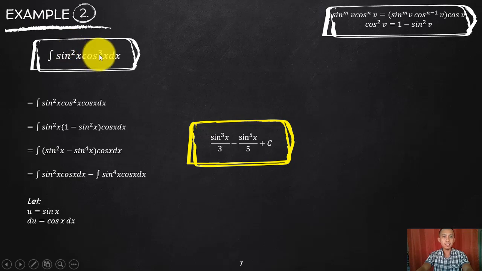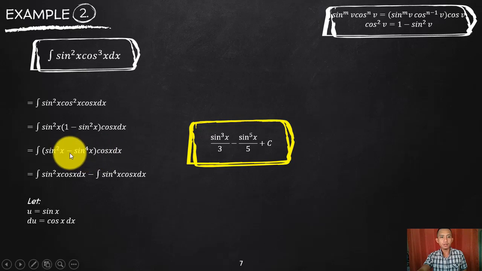Since that is positive odd, I can bring outside one of that. Then the remaining cosine, I will transform using this identity. Since that is just squared, I will transform that into 1 minus sine squared x. And then if I now bring inside this sine, everything will become sine inside.